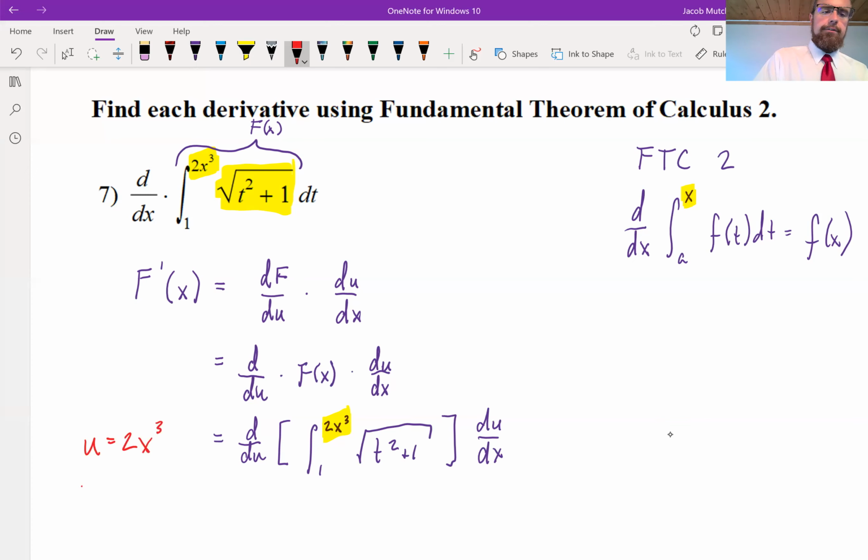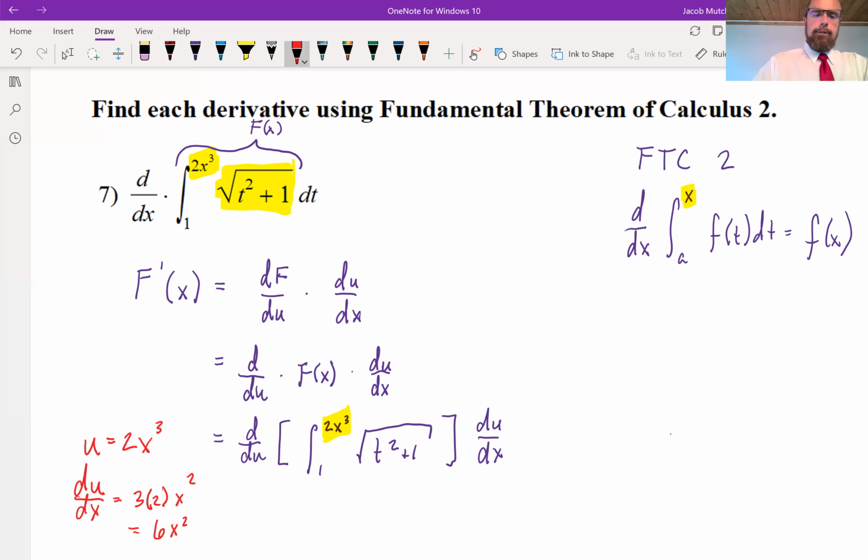Let's go ahead and find the derivative of u because we've got to find that next. So du/dx is going to be the derivative of 2x cubed, which is 3 times 2x to the power of 2, or 6x squared.